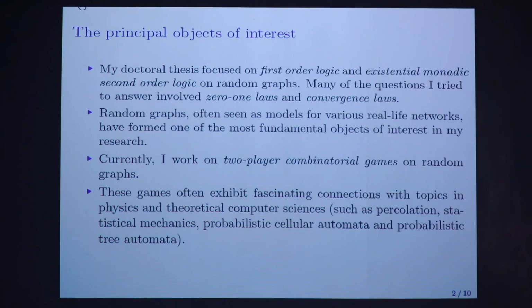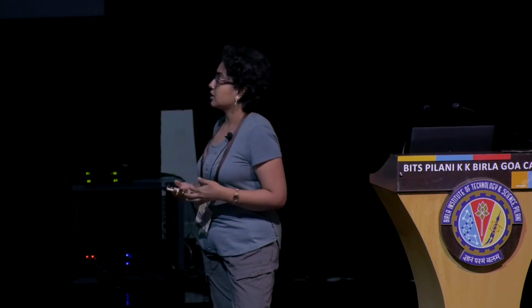Since then, random graphs have formed a fundamental object of interest for my research in general. And random graphs, I think, nowadays pop up in everything. They are the go-to models when you want to model networks of any kind. It could be social networks, electrical networks, or biological networks.